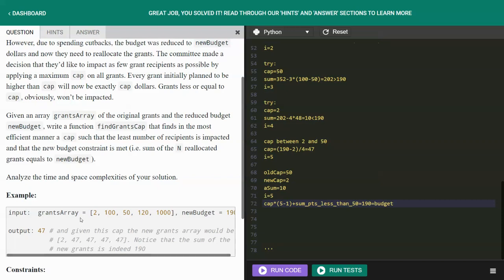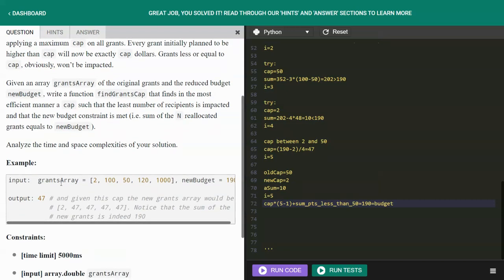So let's look at a numerical example in here. We are given the grants array 2, 100, 50, 120, and 1,000. The new budget needed is 190, and so the function should output the cap rate, which should be 47. The new grants will be 2, 47, 47, 47, and 47.